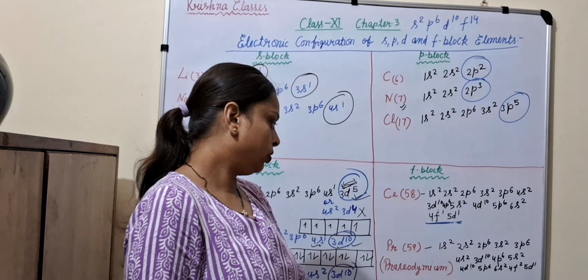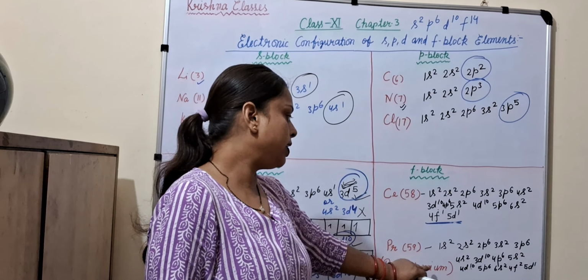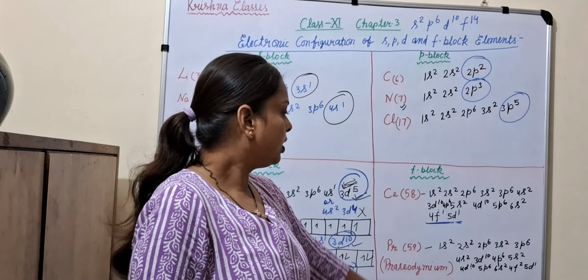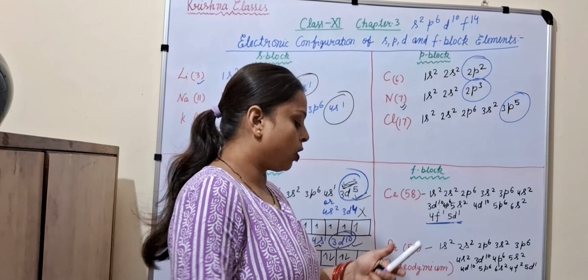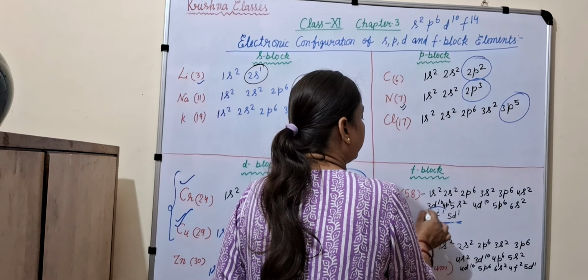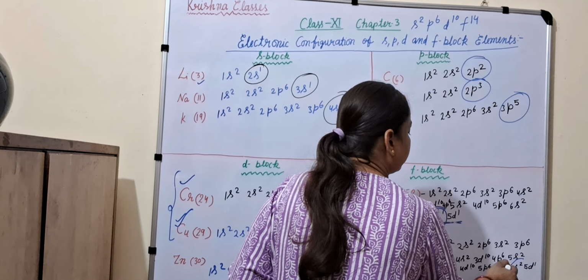Okay, so this is praseodymium and this is cerium. They are elements of the f block. Here the last electron goes in the f subshell, that's why they are called f block elements.